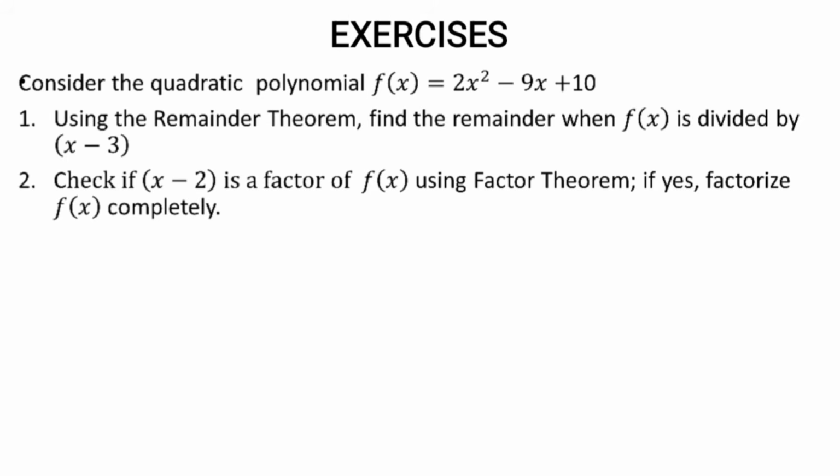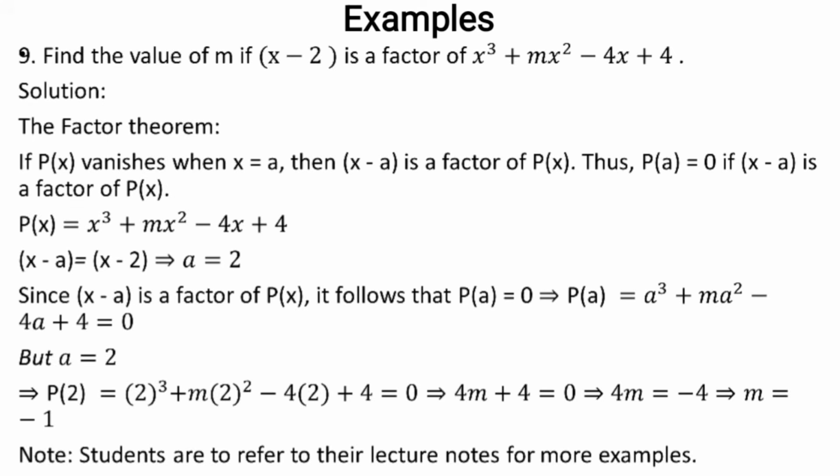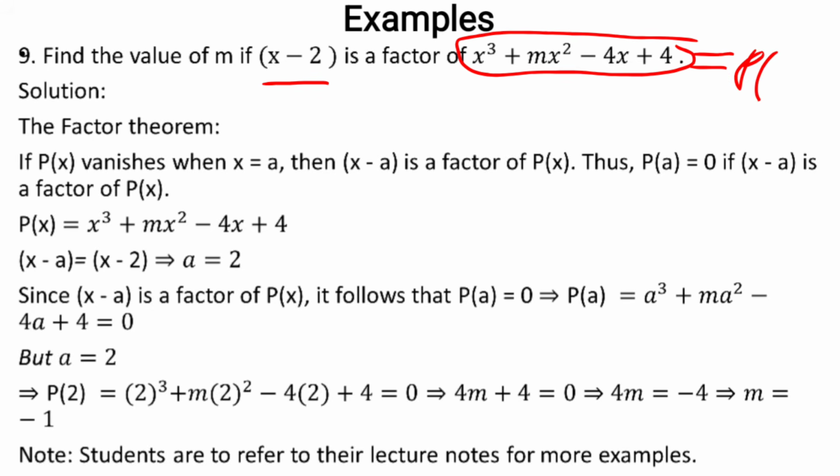So that's that question. The next exercise says find the value of m if x minus 2 is a factor of this. Let me start all over. So this is our polynomial. This is our p(x). And now we're told to find the value of m, and we already know something is a factor.